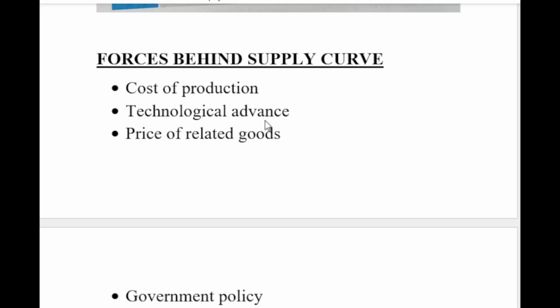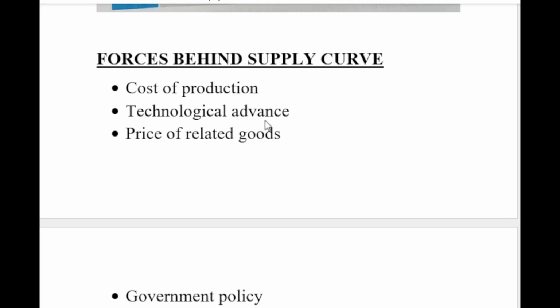It means that technological advances will make the supply rise. When technology is applied, it takes very few hours to produce the goods, compared to when only labor is applied.